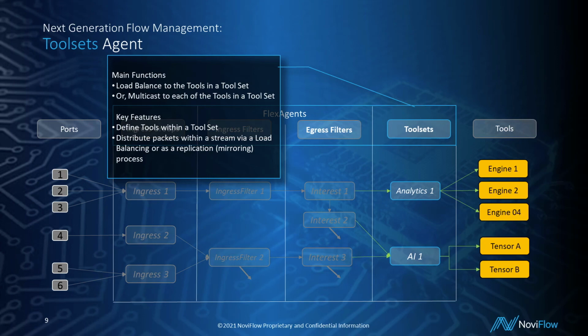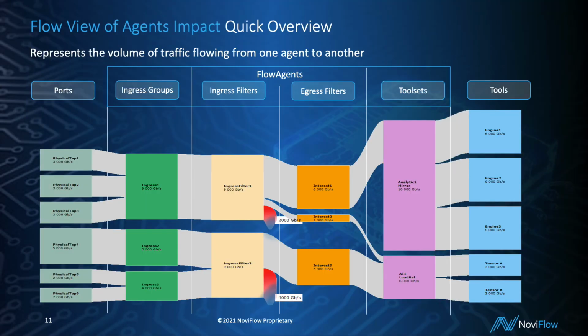And what that means is that over time, you can start with 2 tools, move it to 3 tools, move it to 4 tools, and you don't have to change anything except that one agent that says, here's how many tools I have and here's where they live. The second feature is to be able to select whether you distribute the packets coming in by load balancing across the tools or mirror them to all the tools.